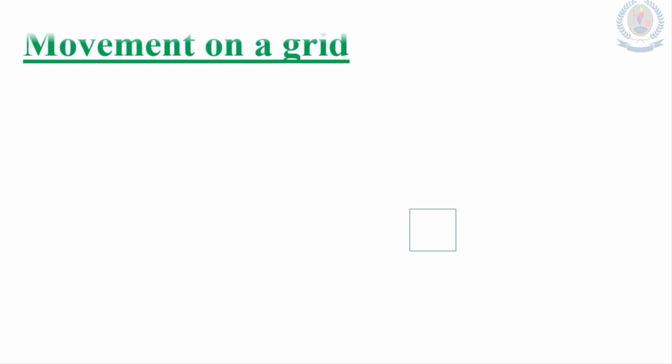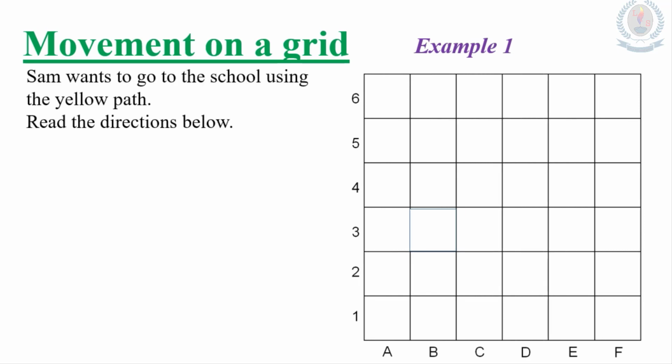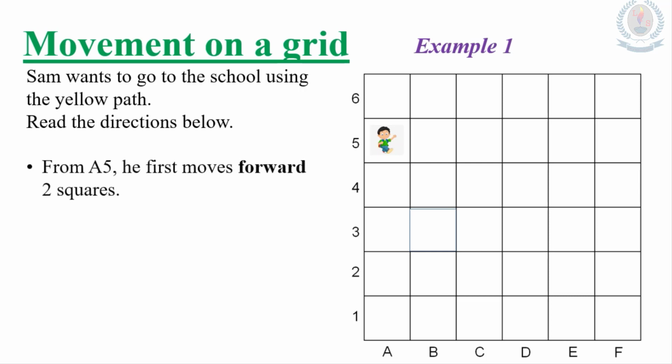Our next topic is movement on a grid. In this topic, we have to learn the movements on a grid. Example 1. Sam wants to go to the school using the yellow path. Read the directions below. Okay, let's see what is the first direction. From A5, he first moves forward 2 squares.